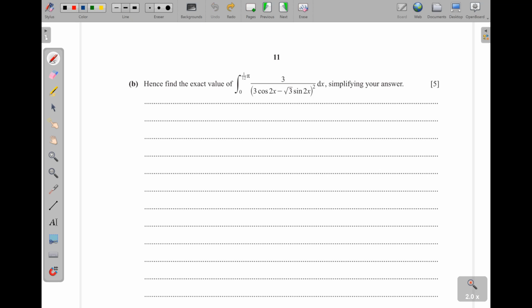So the hence, we are supposed to use what we have gotten, okay? So we are integrating from 0 to pi over 12, and then 3 over, this is 3 cosine of 2x, then minus the root of 3 sine 2x, then squared with respect to x.